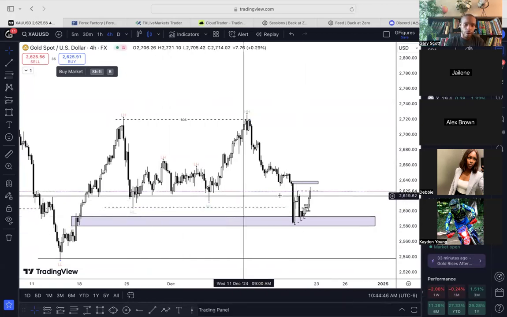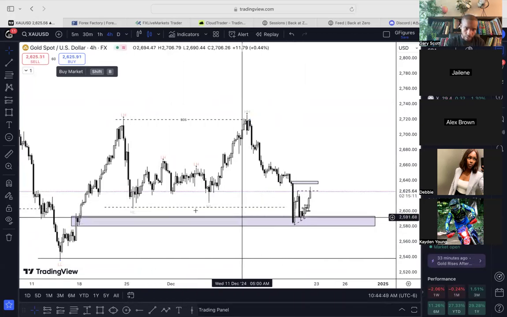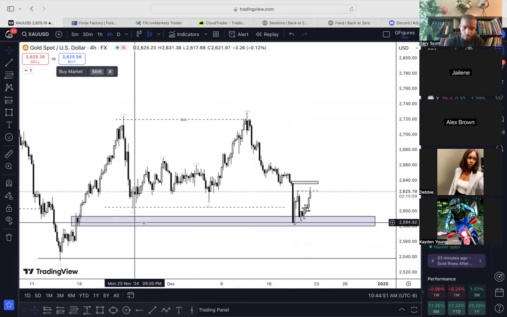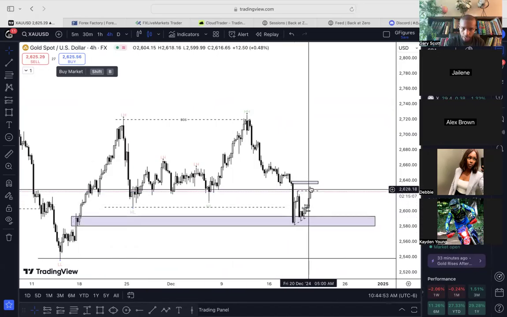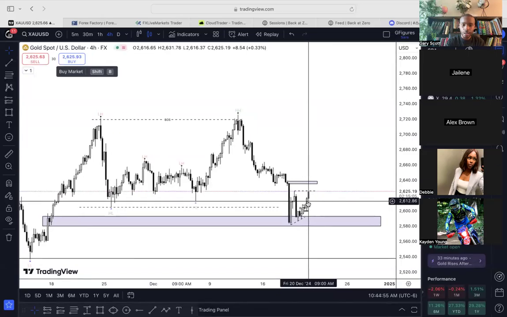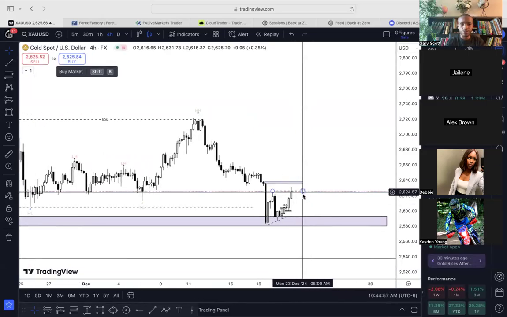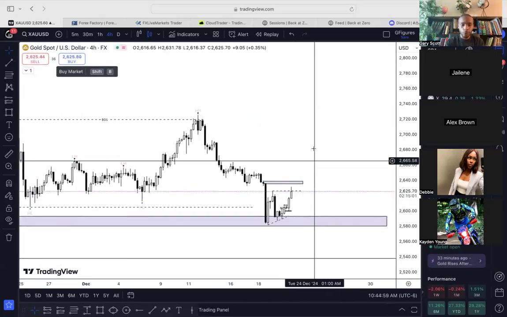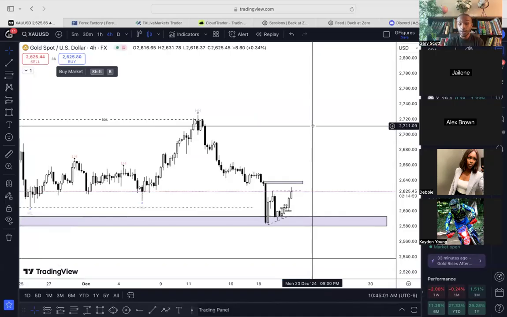Price sweeps those lows right here, comes back to an order block, and it's looking to head where? Back to the upside. But here's the thing, price will definitely find its way to retest before heading back up to the upside. So next week there could be a potential move to set us up to have trades for a buy, right? Unless price says otherwise.